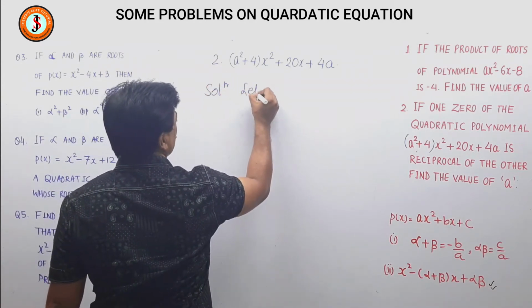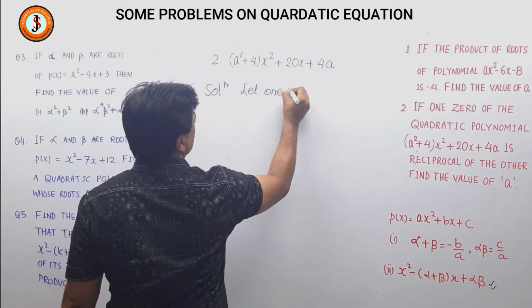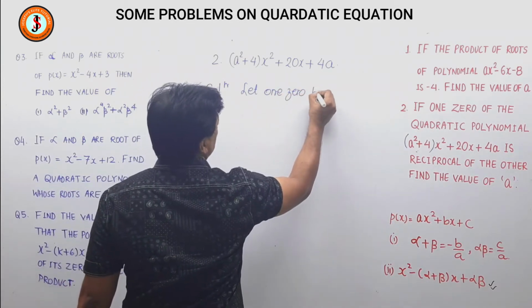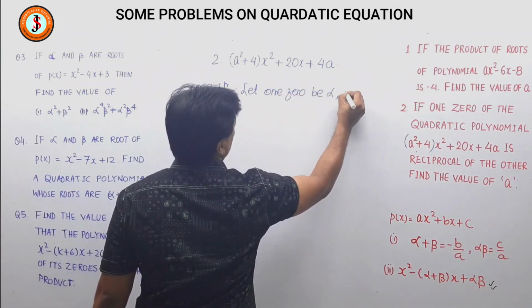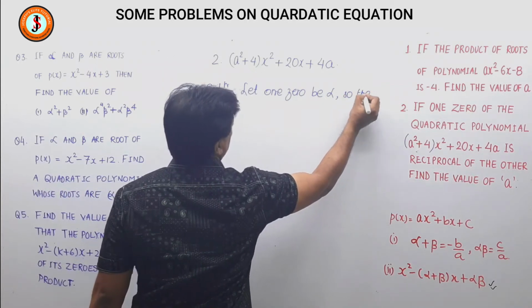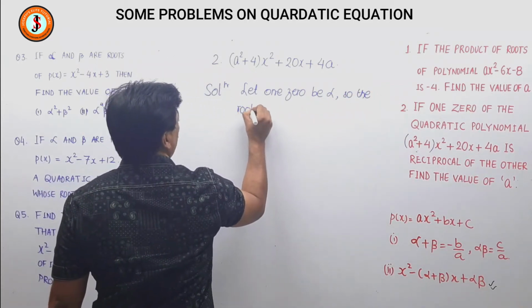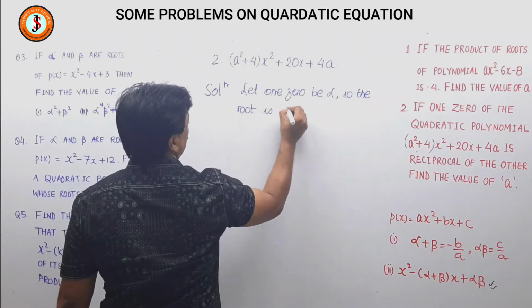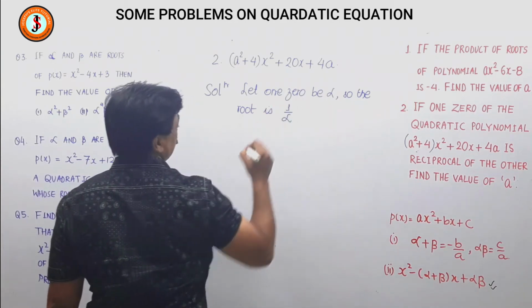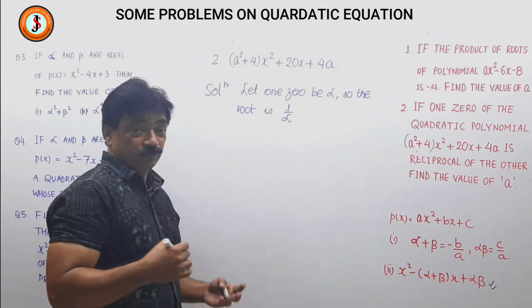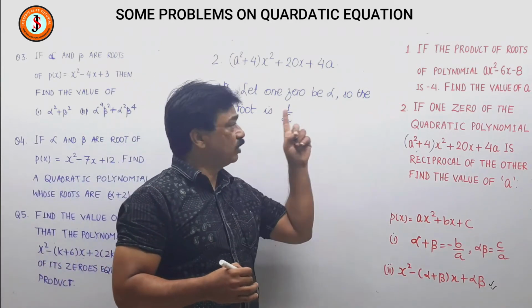Let one zero, that is the root, be alpha. So, the other root or zero is 1 by alpha, they are reciprocals. Now, we know that if I multiply these two, I will get 1.